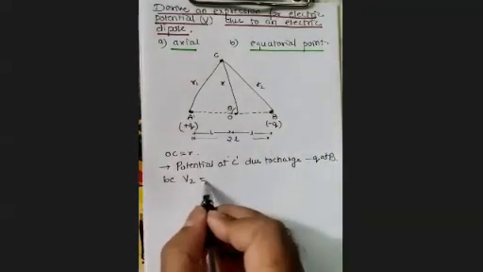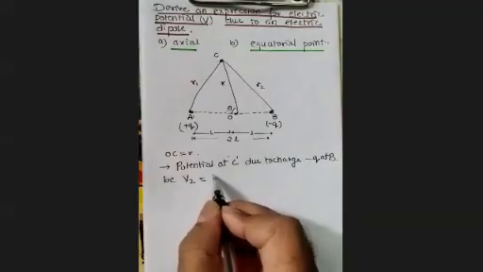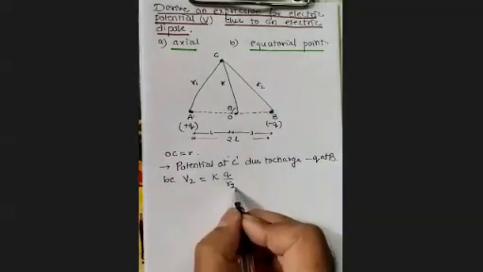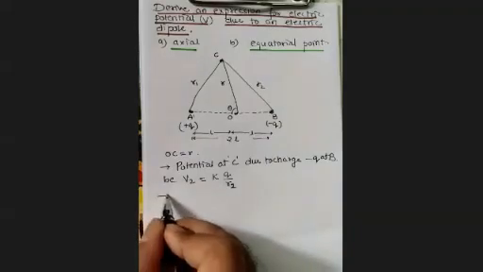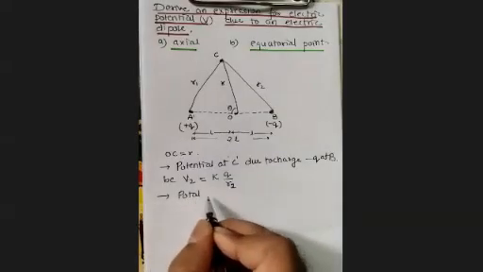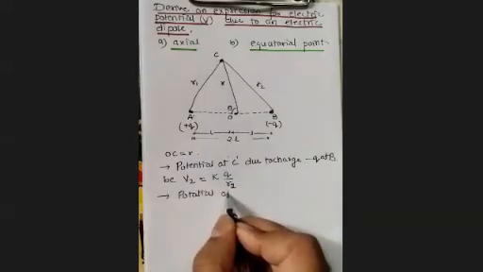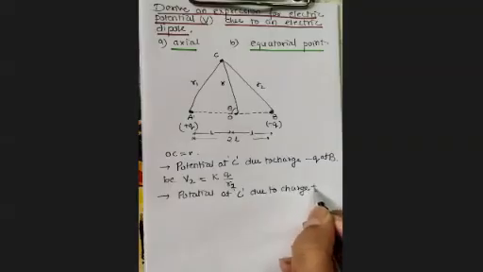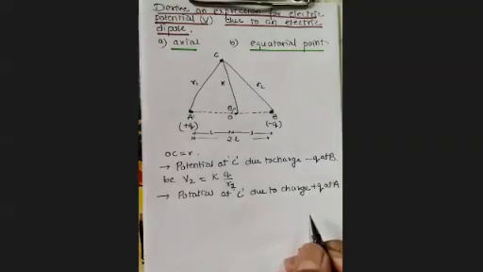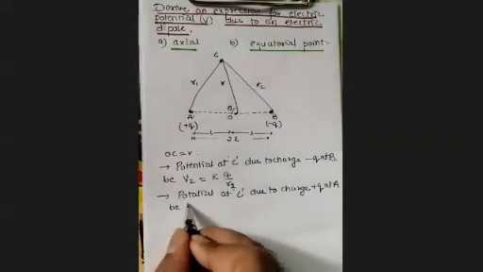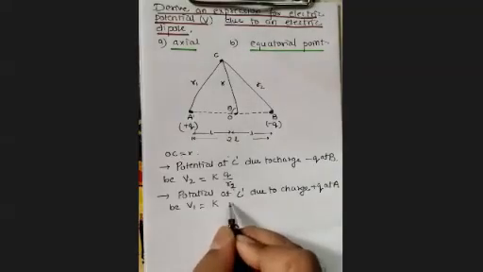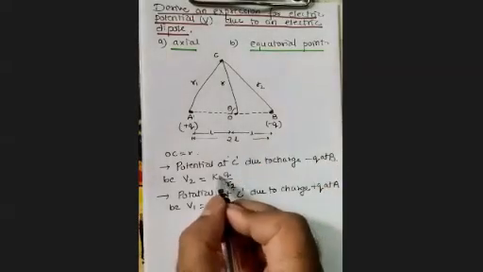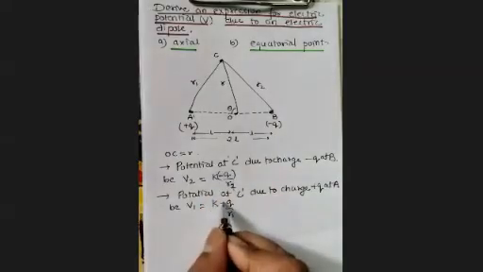So therefore V2 की वैल्यू आएगी K into Q upon R2, and potential at C due to charge positive Q at A be V1, which is equal to K times of Q upon R1. Now at B it is negative Q, so it will be negative. This is positive, so it will be positive.